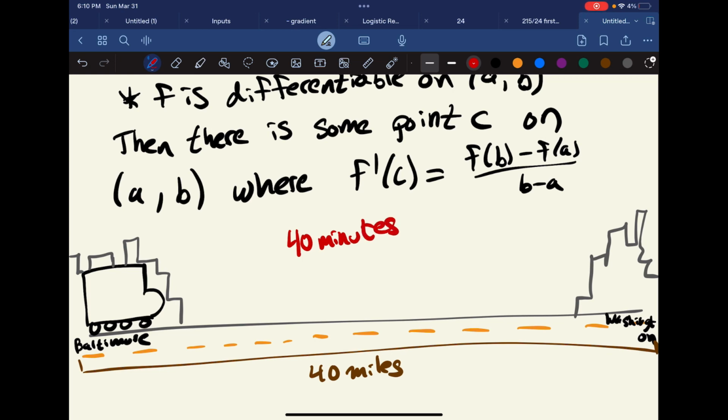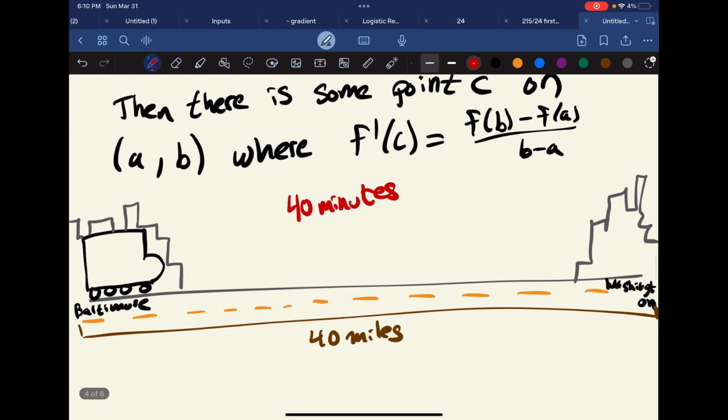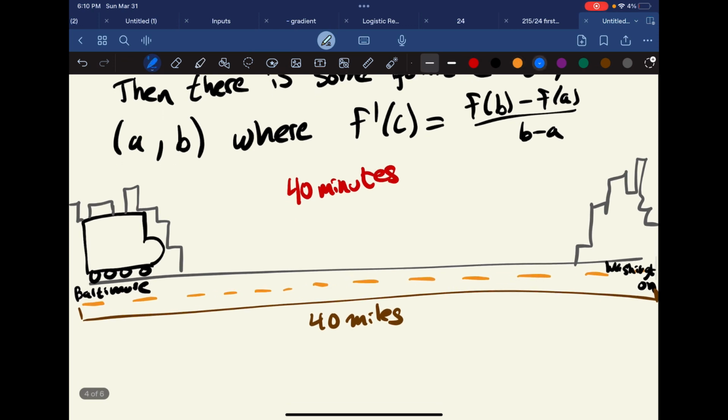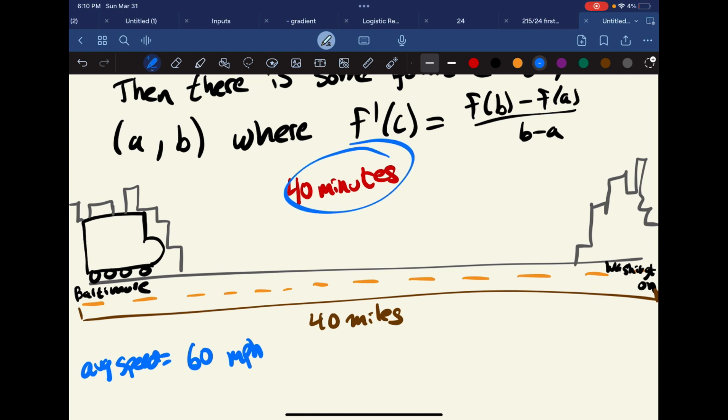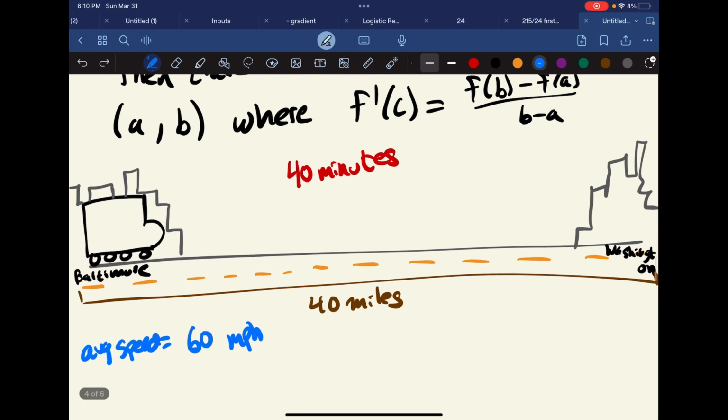So if the truck makes it 40 miles in 40 minutes, then the average speed of the truck during those 40 minutes and those 40 miles is 60 miles an hour, because 60 miles an hour is 1 mile per minute. So we know the average speed of the truck between the two cities is 60 miles an hour.